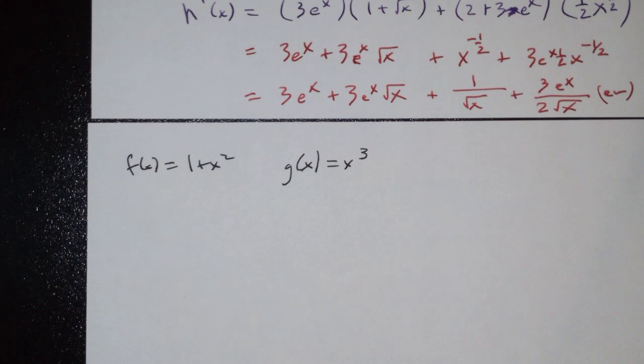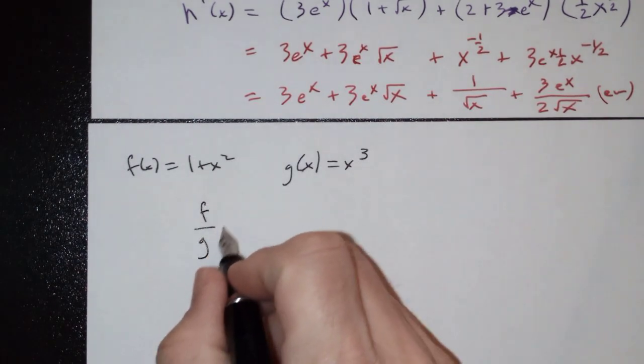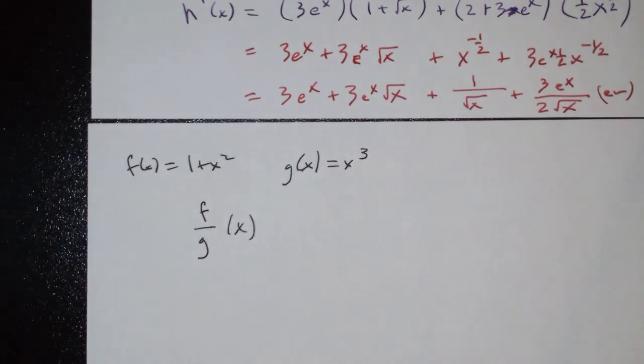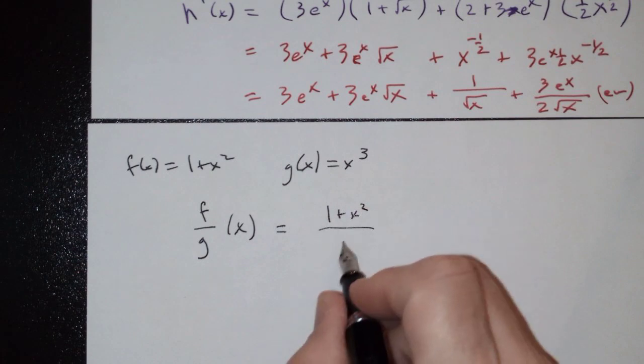I'm just multiplying. I already know how to do this. So I'm going to cheat. Let's divide. Well, if I were to divide, I'd write 1 plus x squared over x cubed.